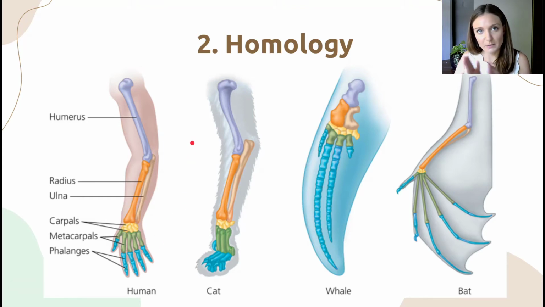Differences in the environment that these different groups of mammals lived in resulted in the slight differences in the structure of that organism. In whales even, they're living in a totally different environment. They're living in the water, but we still see that same basic pattern. Humerus, radius and ulna, carpals, metacarpals, and phalanges, right?